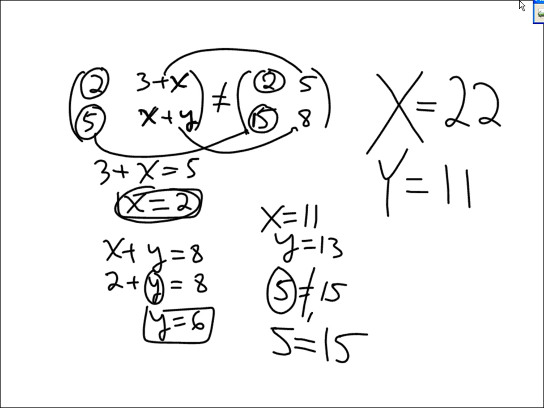The answer is of course not, because they're not equal. It doesn't depend on x or y. All right, so let us get rid of that 1 in front of the 5. And now they are equal if and only if x is 2 and y is 6.